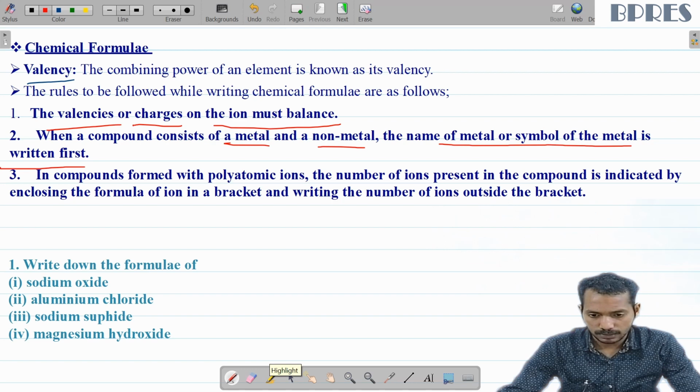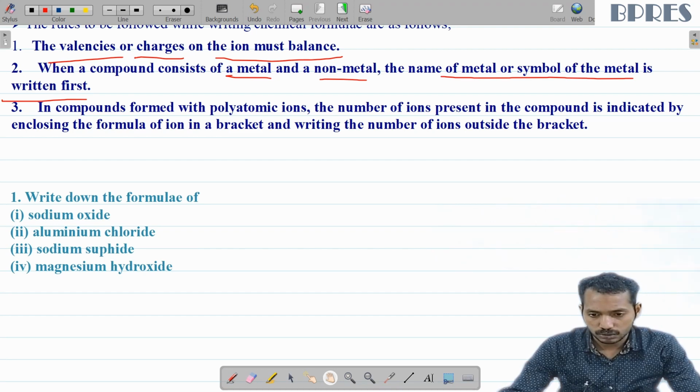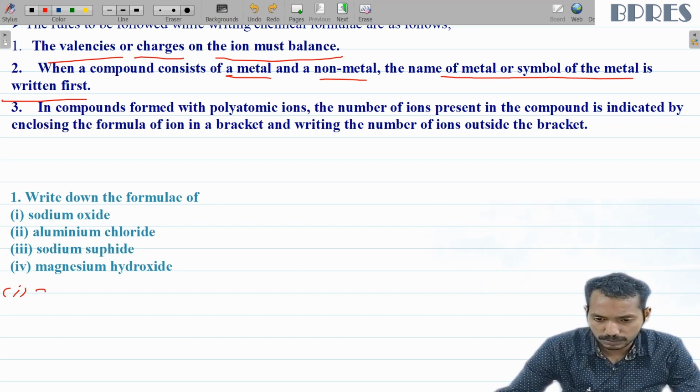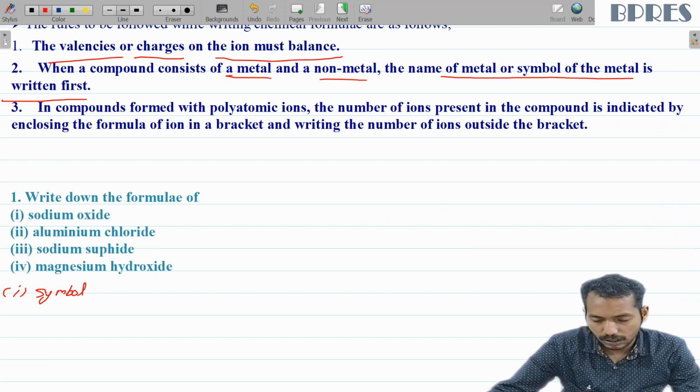So let's see the answers to this question. Write down the chemical formulae of sodium oxide, aluminum chloride, sodium sulfide, magnesium hydroxide. Very simple. First I am going to take sodium oxide. We need the symbols and valency.